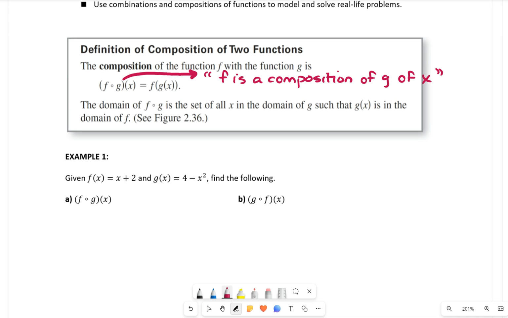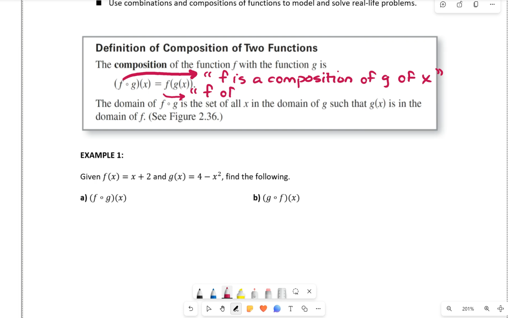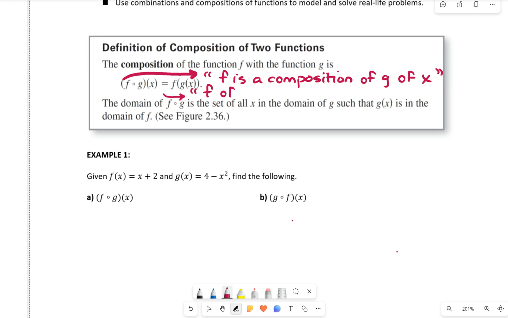Now the equivalent to this left-hand side is the functional notation on the right, which is what you are more accustomed to seeing, read as f of g of x. Both of these expressions are equivalent to one another.